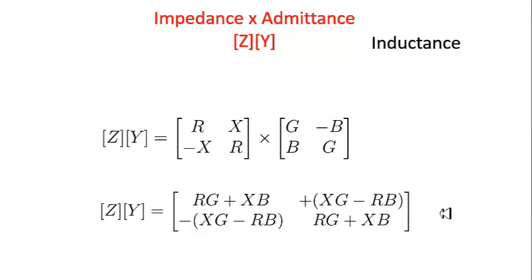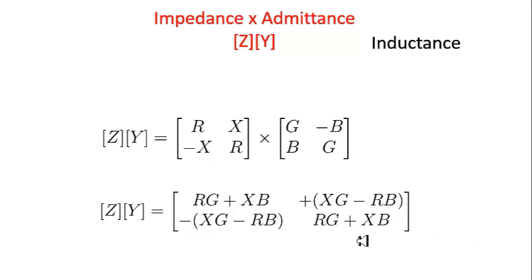This equation would not work out if that wasn't the case for these two matrices here. And so this is the complete expression for the impedance times the admittance. Okay, there's nothing hidden, there's nothing missing, it is all here.